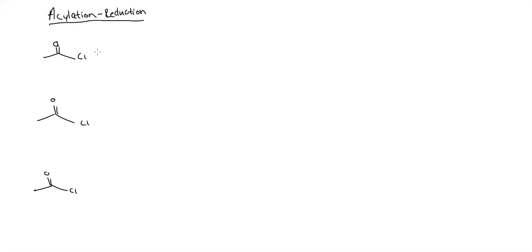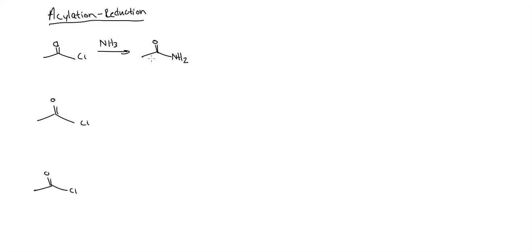If I take an acid chloride, I can add ammonia, or I can add an amine to that. So in this case, I'm going to add NH3. And what that does is it just replaces the chlorine group. And I remove a hydrogen.